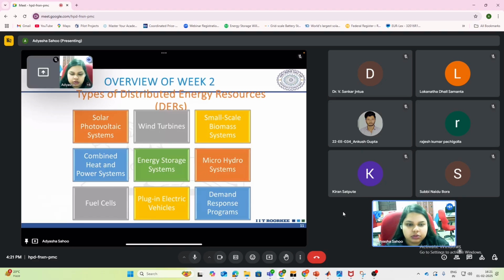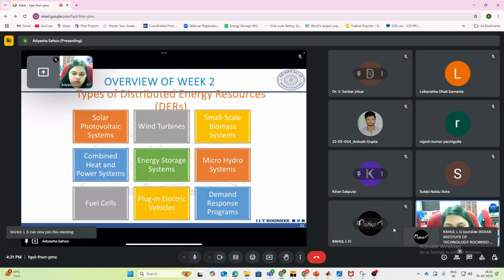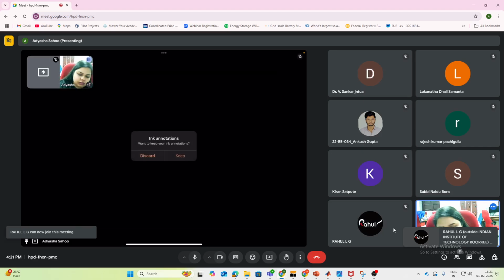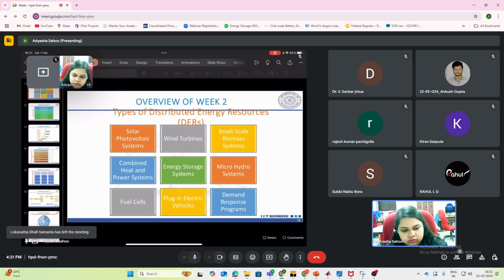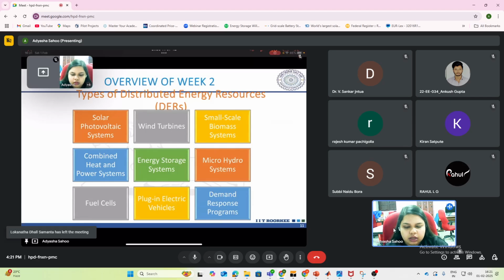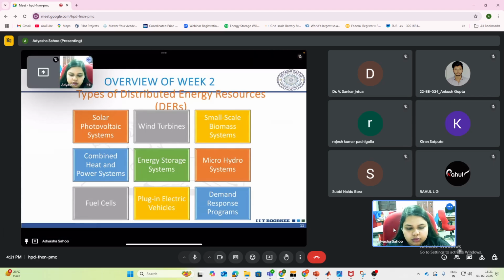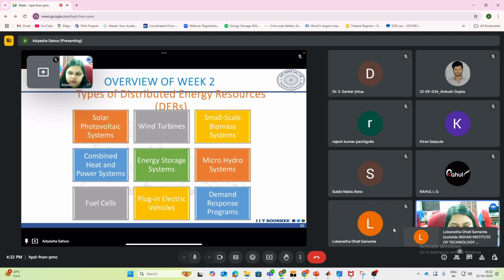So the various distributed energy resources that we have: first is the solar PV system, then we have wind turbines, small scale biomass systems, combined heat and power systems, then energy storage systems, micro hydro systems, fuel cells, EVs, and demand response programs. So let us first briefly discuss all these.